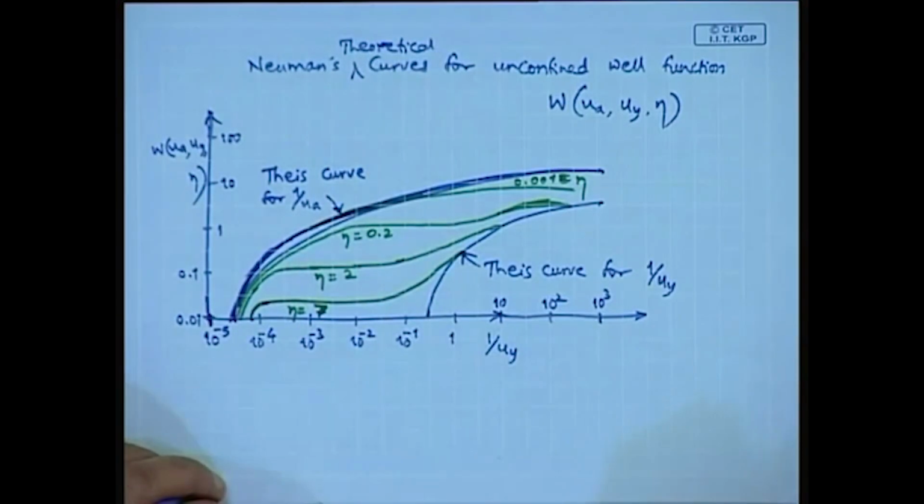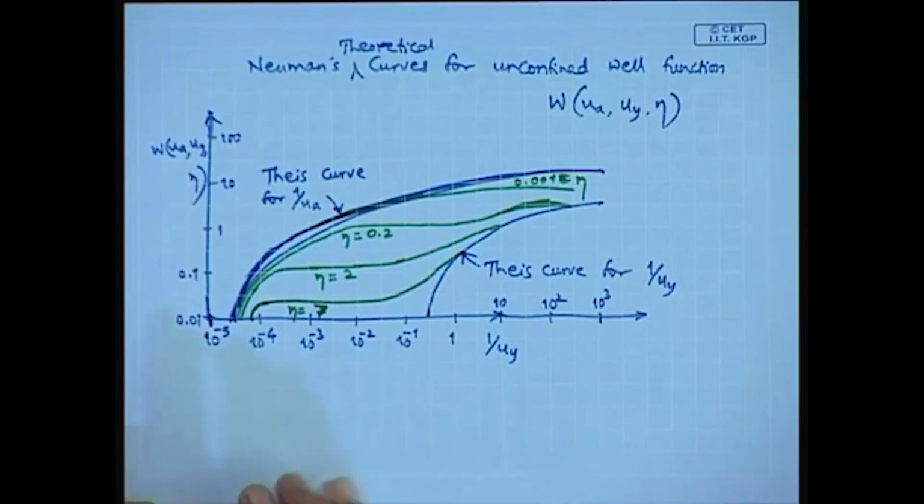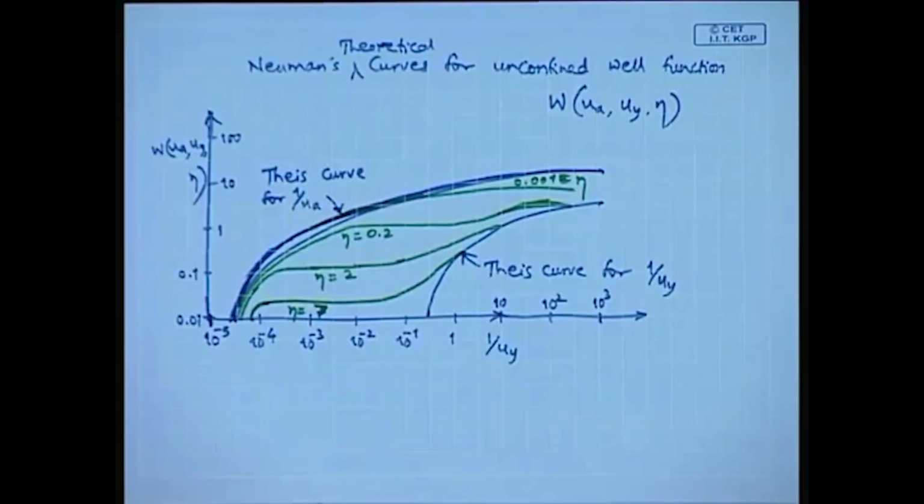For the unconfined well function, it is more complicated as compared to unsteady radial flow in a confined aquifer, wherein there is only one well function parameter, u equal to r square s divided by 4 T t, whereas in this case there are 3 parameters.